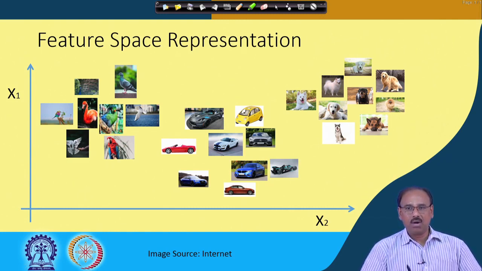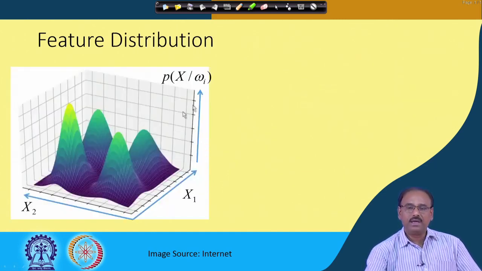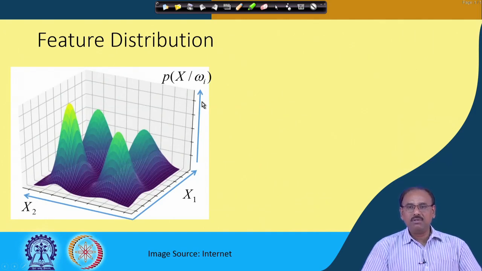You find that all these representations of the objects in the feature space form a cluster or a distribution. We had shown in another figure in 3D how this distribution looks, because we are computing the distribution of the feature vectors of objects belonging to a particular class.